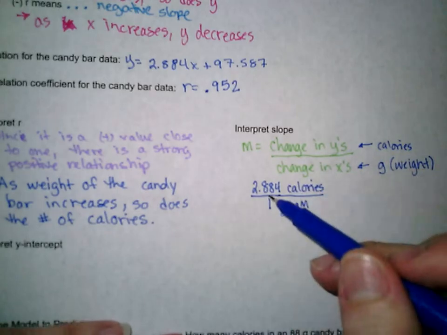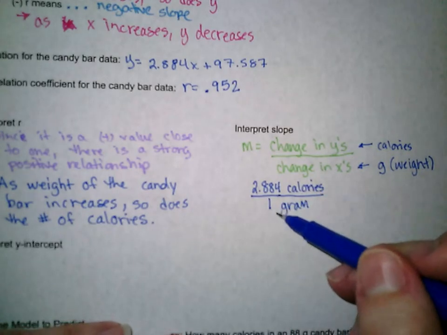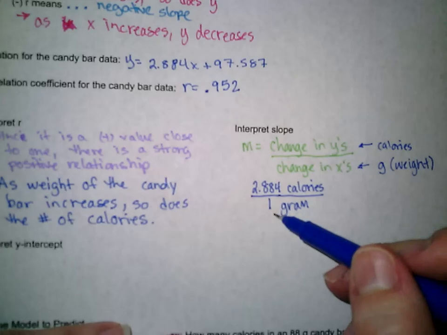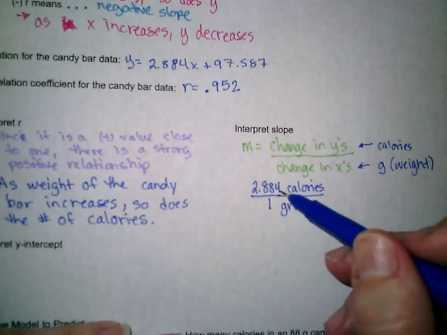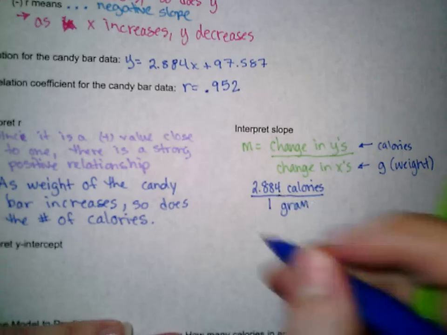So that means for every 1 gram of change in weight of the candy bar, the total calories increase by 2.884.